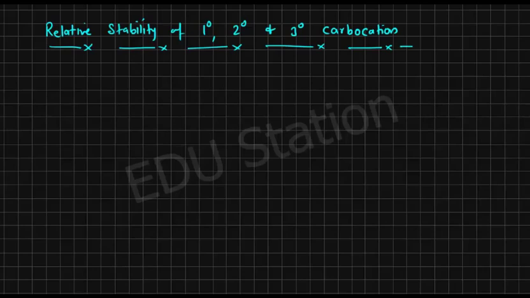Now, carbocation is formed through heterolytic fission. So, it has 3 bonds. So, let us say if it has one alkyl group like methyl and 2 hydrogens, this carbon is attached directly to only one other carbon. So, this is primary.